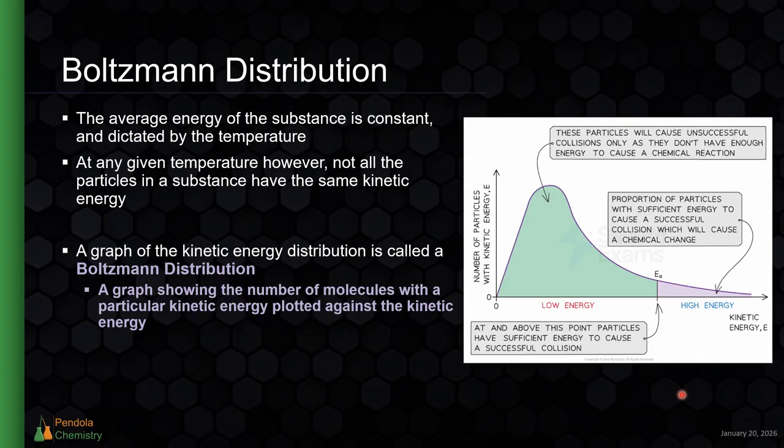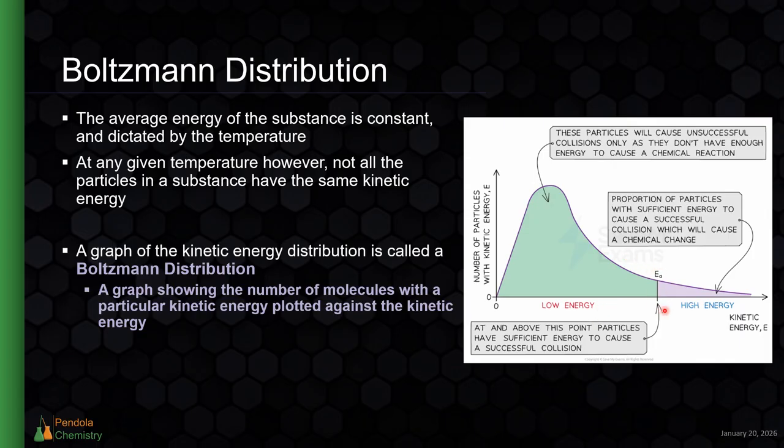That means if we look at the Boltzmann distribution here, any particle to the left of that activation energy will lead to an unsuccessful collision. They do not have enough energy when they crash to actually react. Whereas any particles above that activation energy are going to lead to successful collisions because they have enough energy so that when they crash, they actually react with each other.